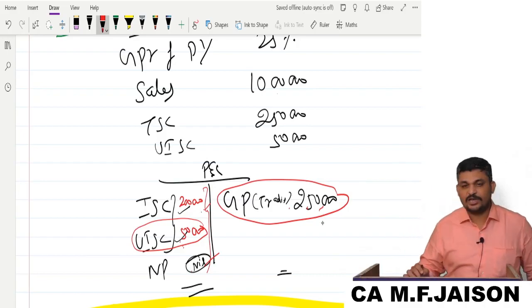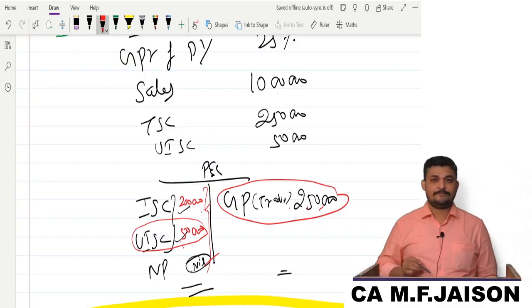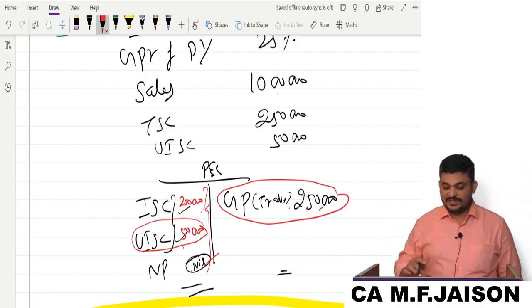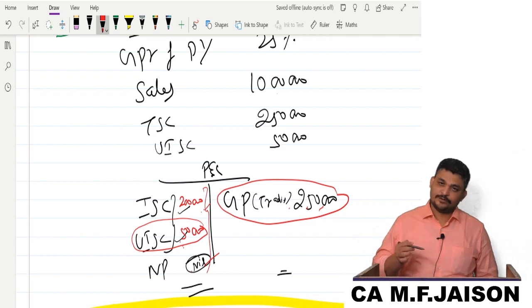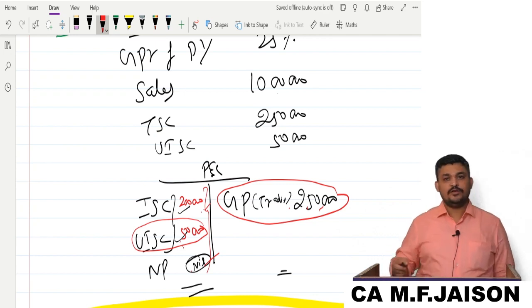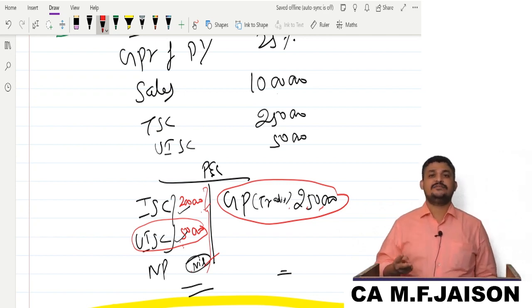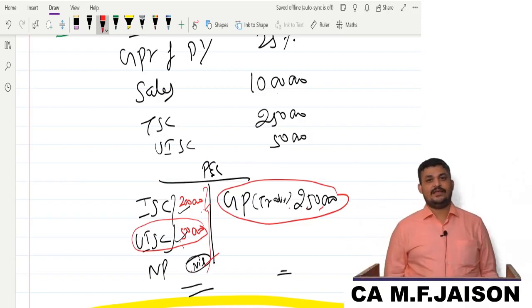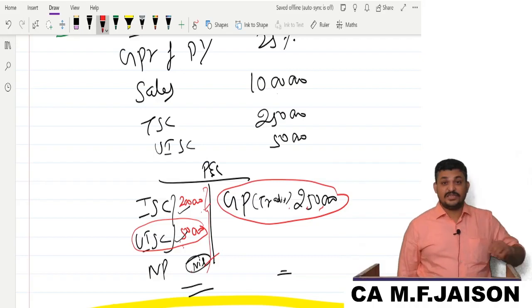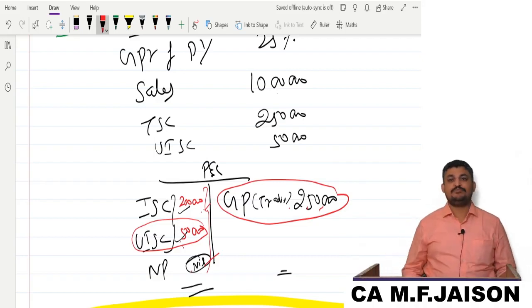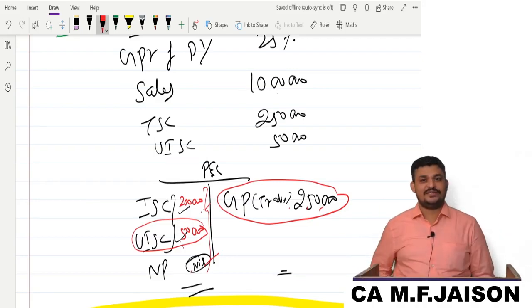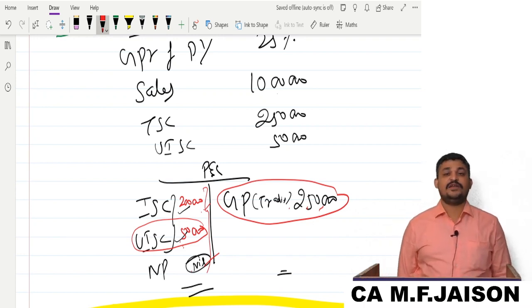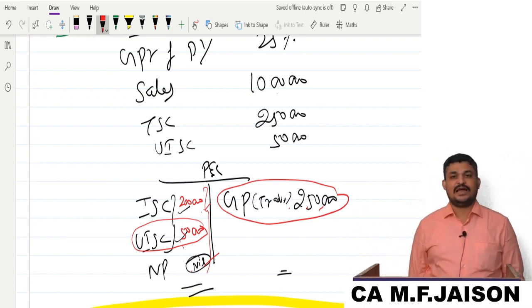So what is trading gross profit? 2,50,000. What is uninsured standing charges in this question? 50,000. 2,50,000 minus 50,000, you will get 2 lakhs, which is nothing but the gross profit for this policy. So gross profit for this policy can alternatively be expressed as trading gross profit minus uninsured standing charges.